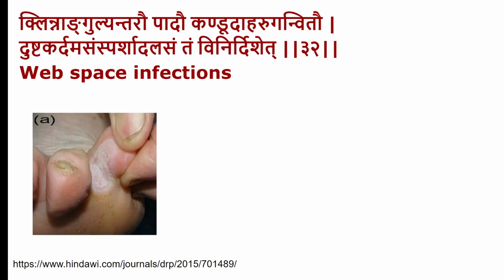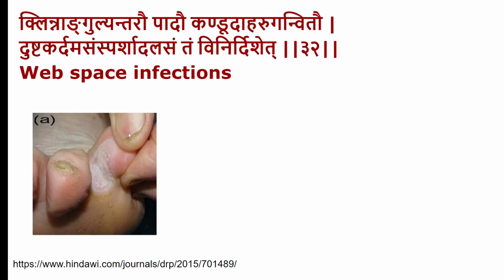As the space is lesser, it's difficult to maintain hygiene, and most commonly it is seen in workers who work in the field, and they tend to keep that area moist. The risks also are more in patients with diabetes mellitus, where the web space is more prone to get infected, and characteristically it presents initially with very superficial erosions with discharges, often foul smelling, and that typical color also is seen. That's exactly what Sushruta has mentioned.